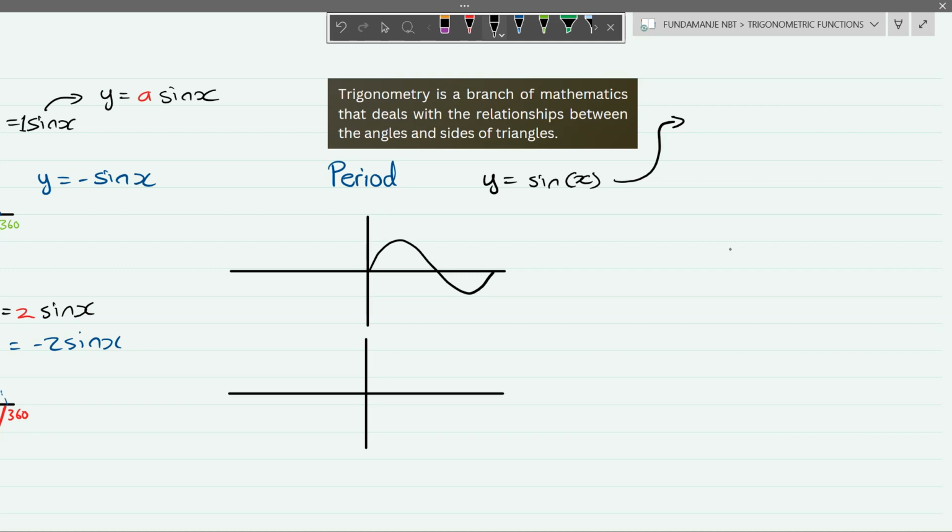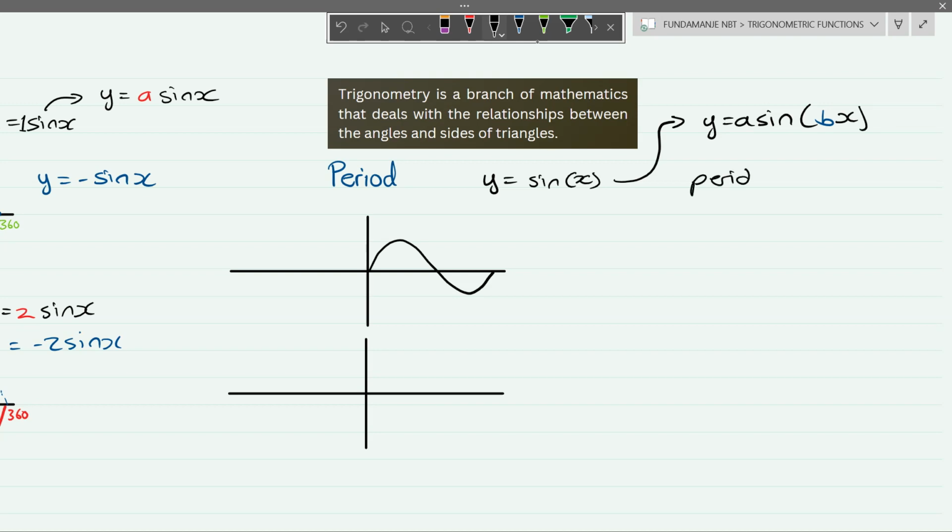We are going to call it y is equal to a, first of all, which is the amplitude, sine, and then we're going to have a value in here, which is b, before we put our x. So b is a coefficient for x. We have bx. B is a coefficient that affects our period.